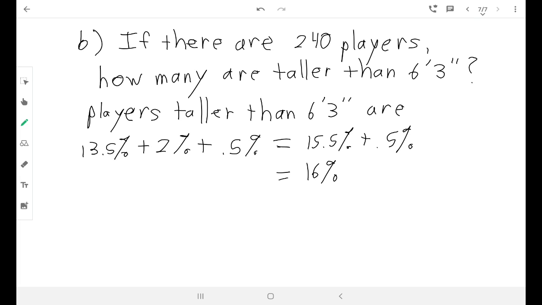So 16% of the players are taller than 6'3". Okay. So that means 16% of players are taller.